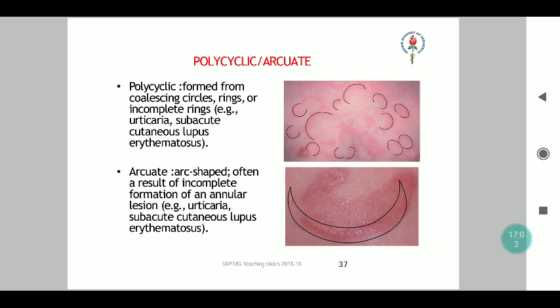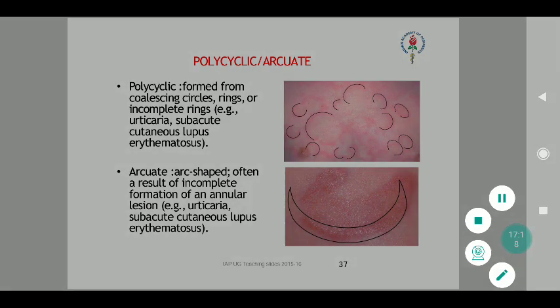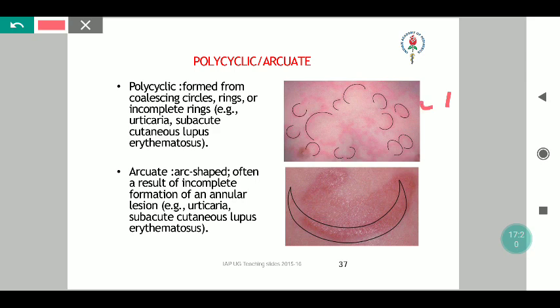Now, to consider a lesion as polycyclic or arcuate, a polycyclic lesion is generally formed by multiple circles or rings which are incomplete, such as in urticaria, and an arcuate lesion, as the name suggests, is arc-shaped because of an incomplete formation of an annular lesion. So image 1 here shows multiple lesions which are unable to coalesce, which is polycyclic in nature, and the second image is arcuate, that is arc-shaped.